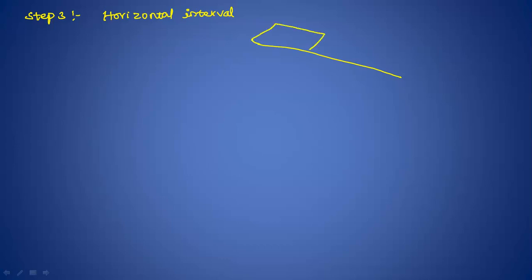In step 3, finding the horizontal interval. In contour bunds, the horizontal interval is the most important thing, because questions will be asked in finding the horizontal intervals using the side slope. Just take this as land. This is the slope. This is the vertical interval and this is the horizontal interval.